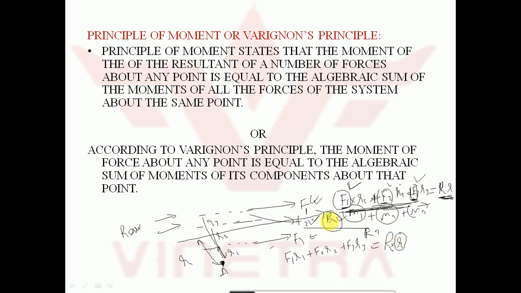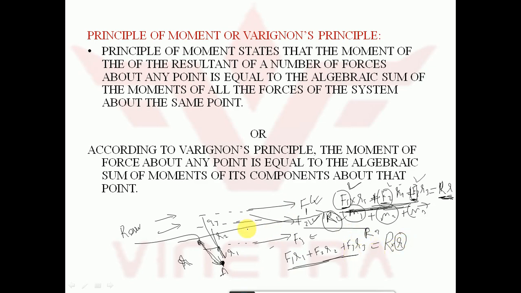The resultant is given by capital R, and its perpendicular distance is given by small r, so R into r gives the moment. So the algebraic sum of all the moments produced by individual forces about a point is equal to the moment produced by the resultant of the forces about that point.